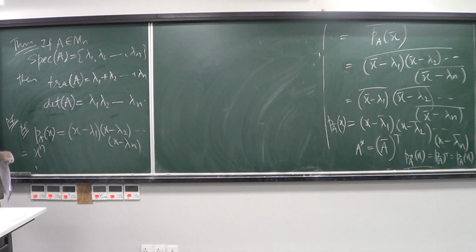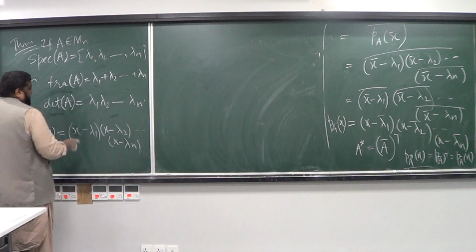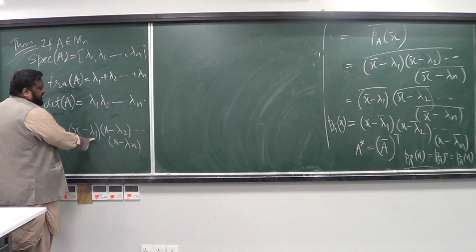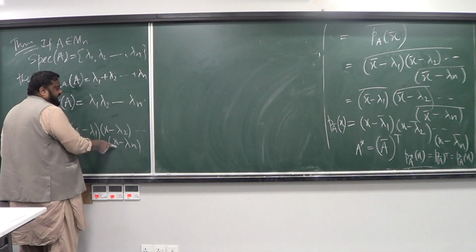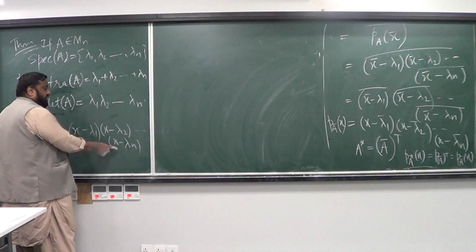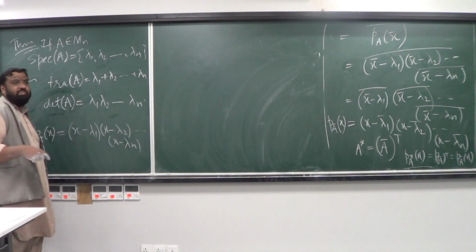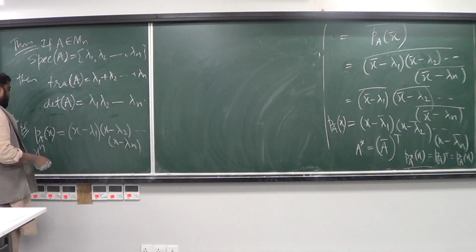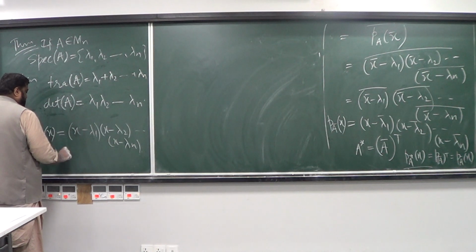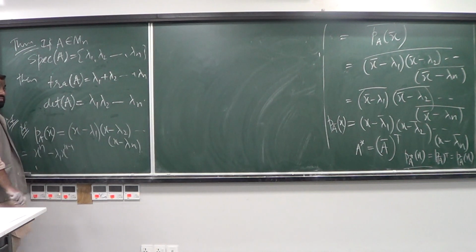Now take, say, lambda 1 from the first bracket, and from the rest of the brackets take x. So from n minus 1 brackets I am taking x, and from the first bracket I am taking lambda 1. So what term would appear? It's going to be minus lambda 1 x power n minus 1. This is what you're going to get.